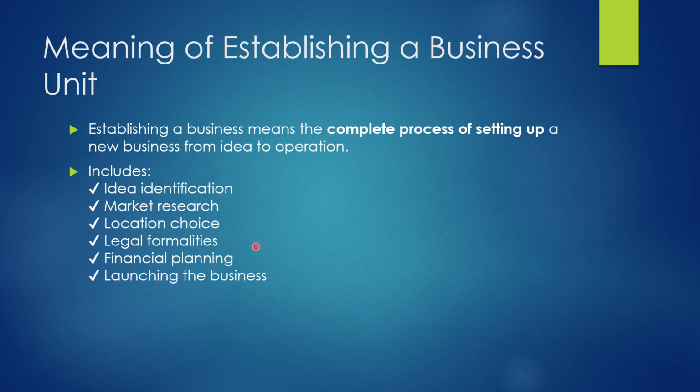There could be arranging finances, setting up infrastructure for that business unit, hiring more staff, and finally launching the business. So this step-by-step approach ensures that the business is legally compliant, financially viable, and ready for successful operations.